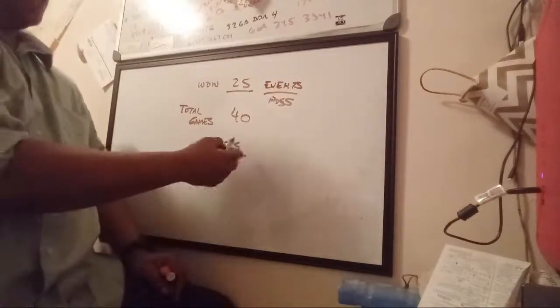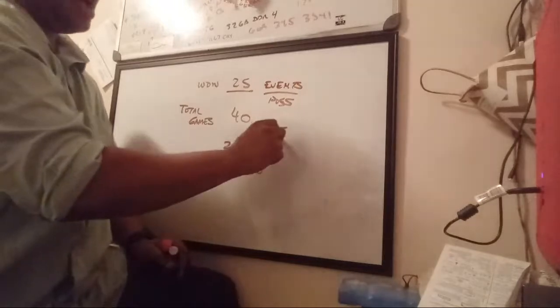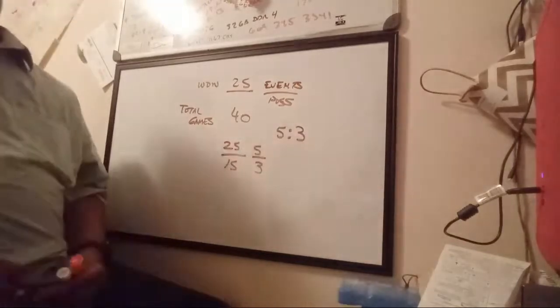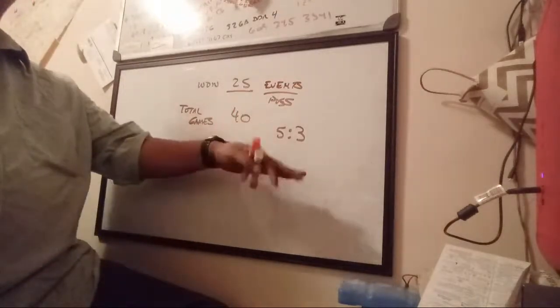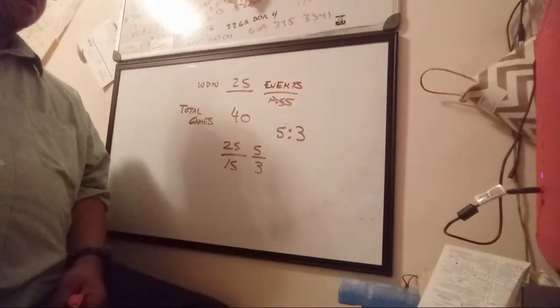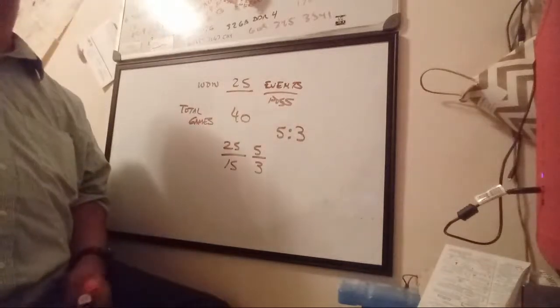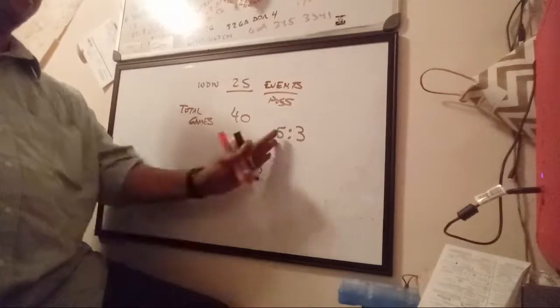We break this down by 5, and it'll be 5 over 3, or a 5-to-3 ratio. So the numerator goes on the left, the denominator goes on the right. 5-to-3.